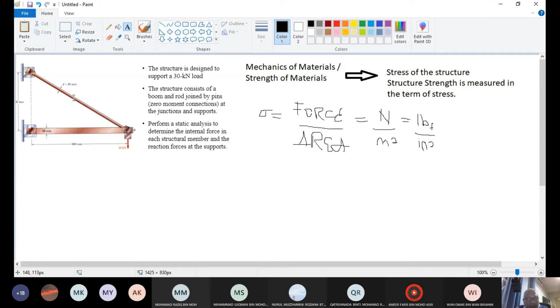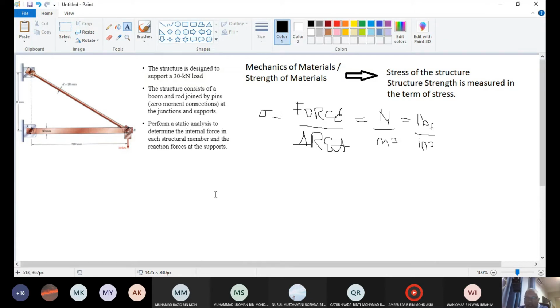The stress that goes through this rectangular beam and this rod will be compared with the material strength, the one that I have shown in the table earlier. So that's why we call it strength of material or mechanics of material. We want to study the strength of material after we apply the load, whether this material has the strength.